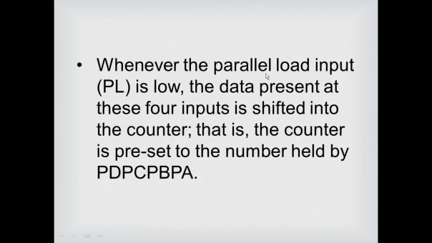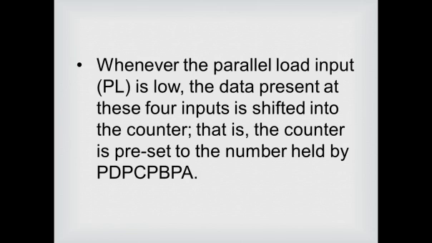Whenever the parallel load input is low, data present at these 4 inputs is shifted into the counter. That is, the counter is preset to the number held by PD, PC, PB and PA. Suppose you want to start this counter from state number 9. That means PD should be 1, PC should be 0, PB should be 0 and PA should be 1. This data should be presented at the data inputs.